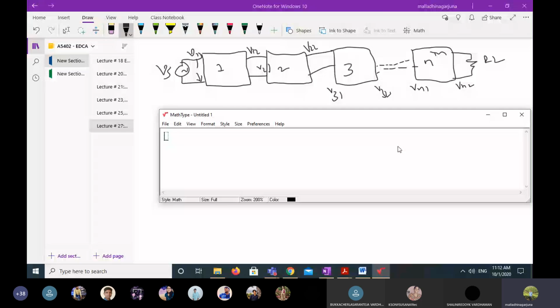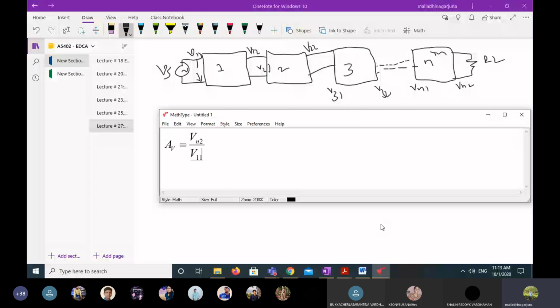Okay, fine. So what is the overall voltage gain? The output of the last stage by the input. So Vn2 by V11 is my gain.